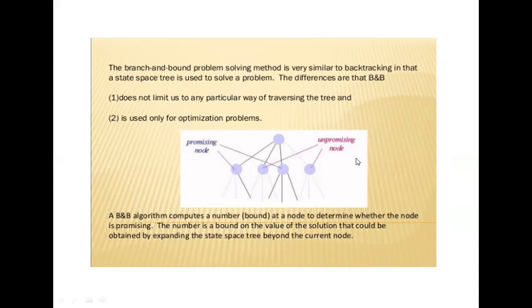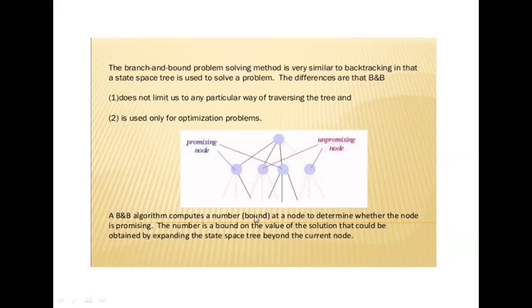Here you have promising nodes and unpromising nodes. If you get the best solution, then it is a promising node. If you cannot get the best solution, then it is called an unpromising node. The BNB algorithm computes a bound at a node to determine whether the node is promising.